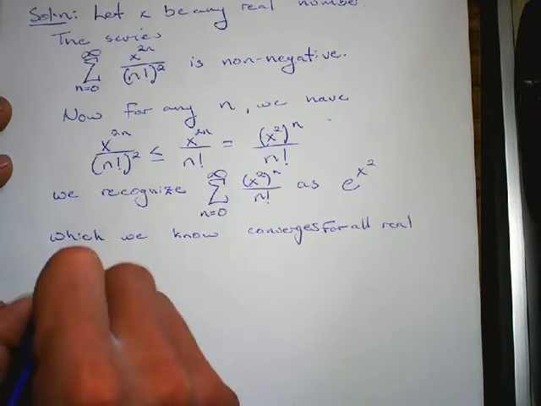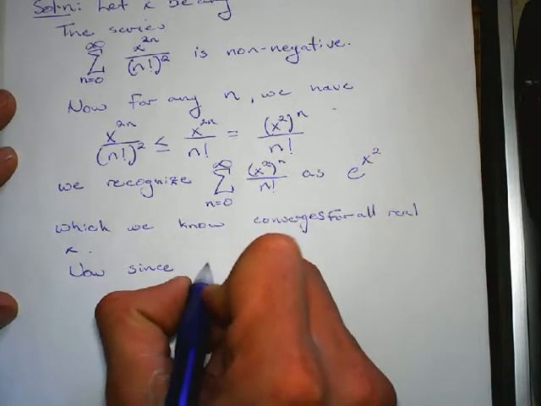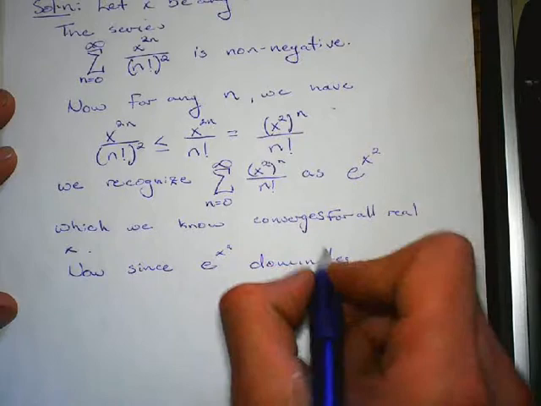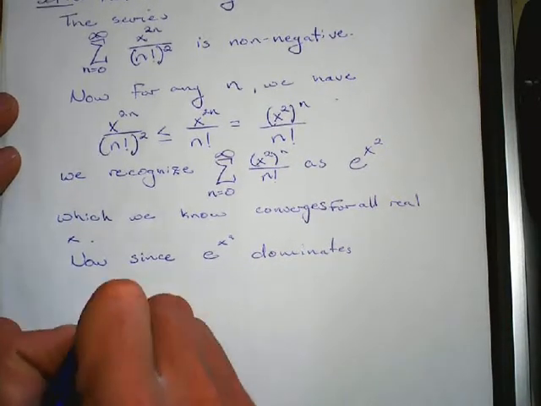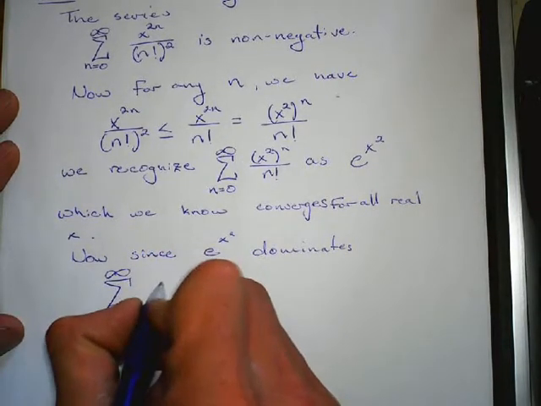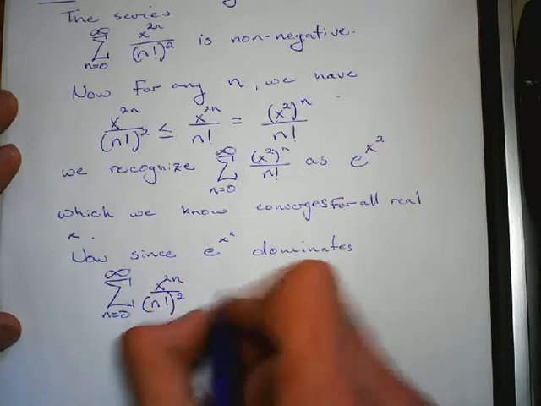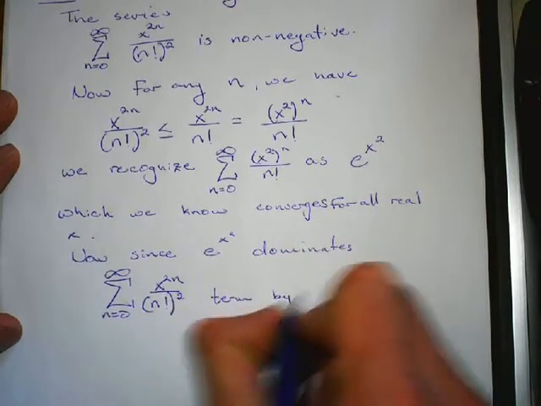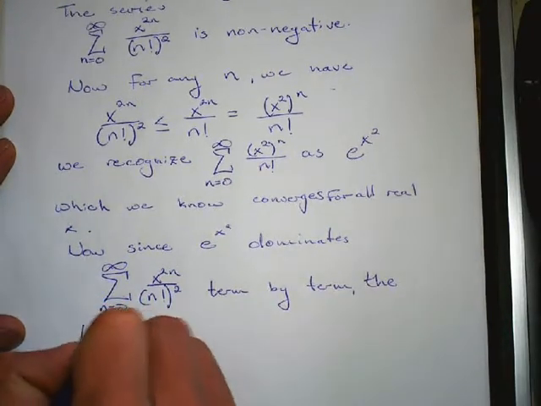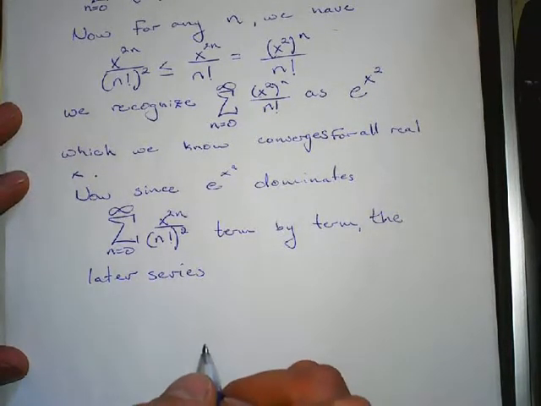And so we're going to make a final statement. Now since e to the x squared dominates our original series, and dominates it term by term, the latter series converges.